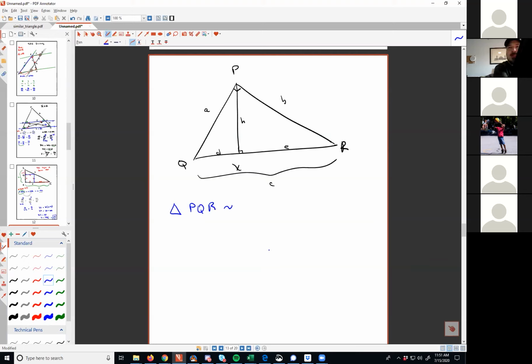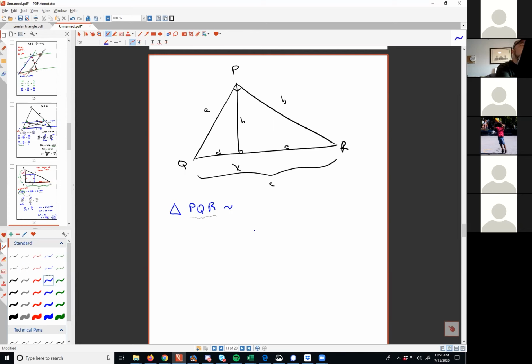Tell me the order of the vertices that we're going to use for the two triangles that you mentioned. It was QPX similar to PRX. Tell me, however, in the order of the big triangle named.